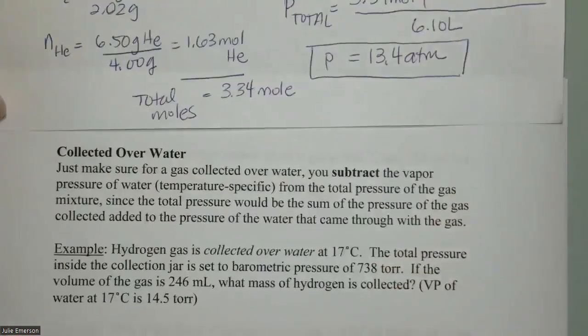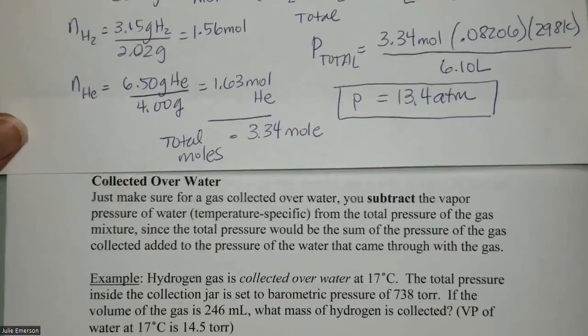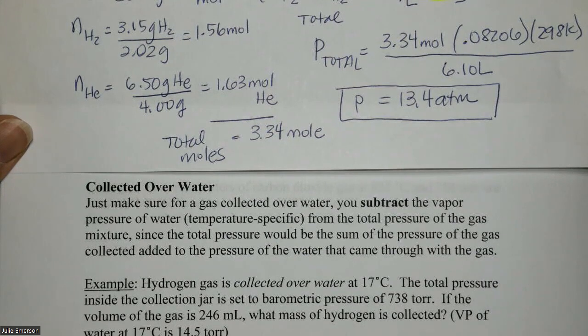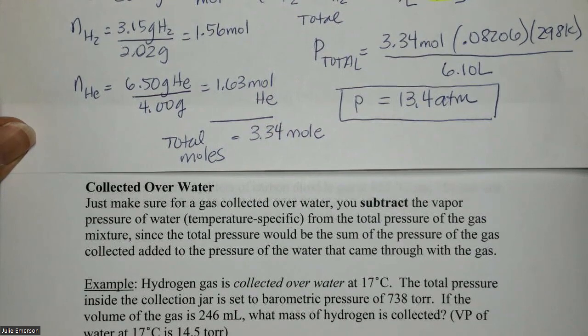Now, where does collected over water come from, or where does it become important? If you remember this from intro, this is always when you have gases that are collected over water or collected through water. Oftentimes, if we do a reaction and we want to collect the gas being produced, if you imagine collecting that gas into a container that's filled with air, how would you know in that container what's air and what's gas?